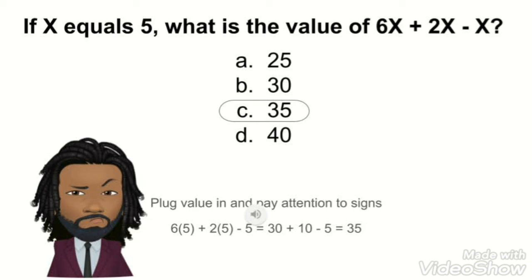The answer could easily be either one of these if I get, let's say, a negative wrong, I don't switch the sign, or if this 5 had a negative in front of it, it changes the entire answer. So you kind of want to watch your numbers and your signs.